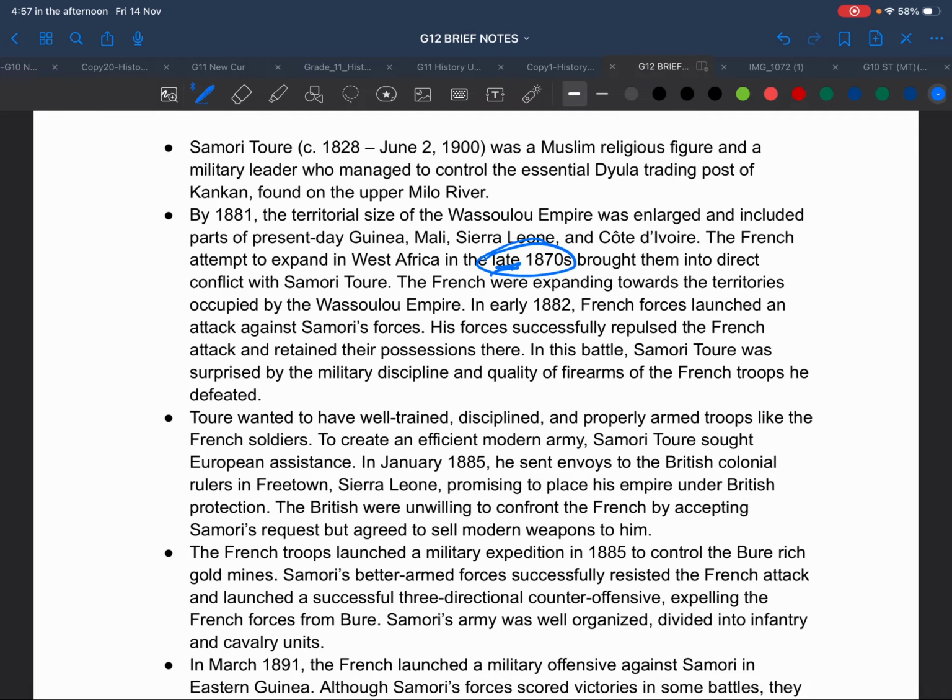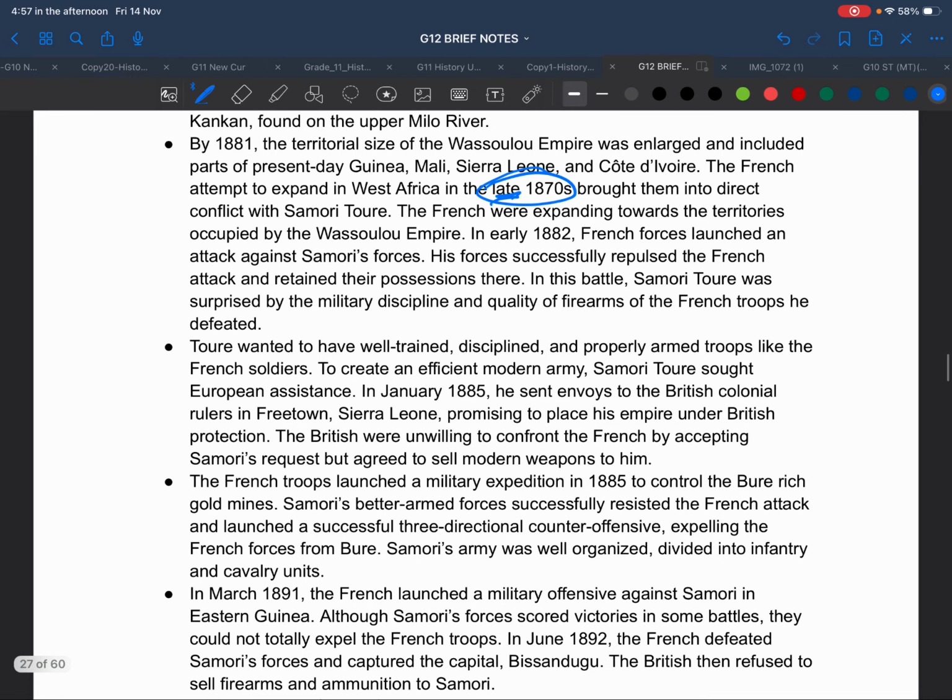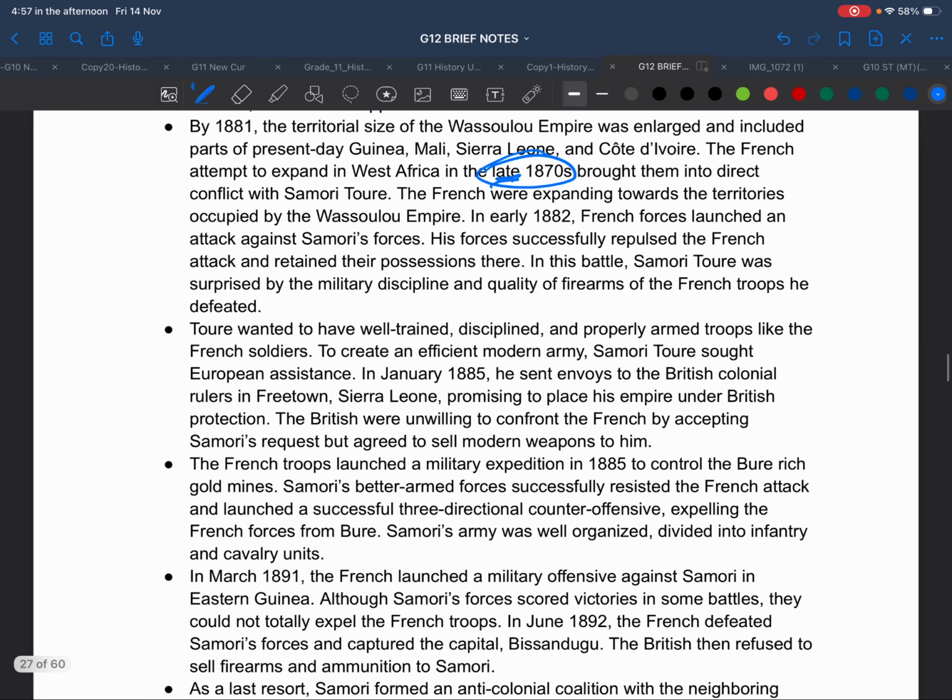The French expanded towards the territories occupied by Samori's empire, called the Wasolo Empire, which otherwise was the empire of Mali. You have learned it in grade 9, even in grade 11. He was the emperor of the Wasulu Empire.